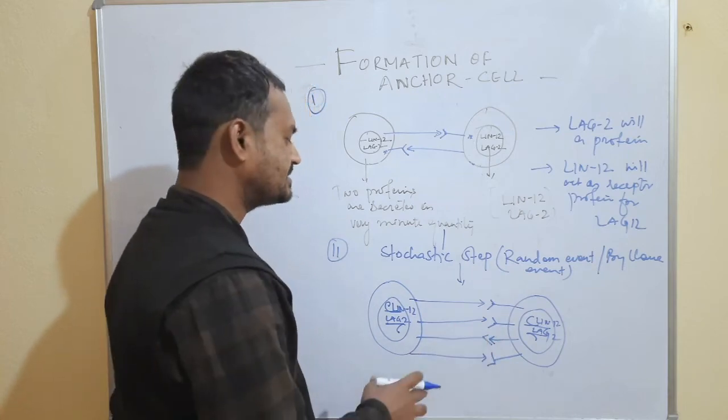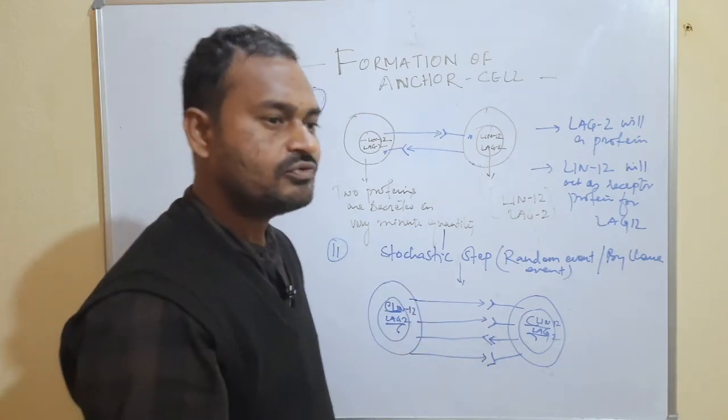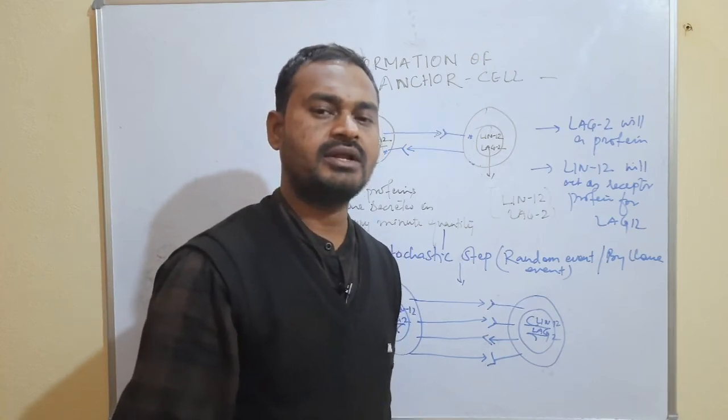This is a stochastic event. Which cell will produce more is unpredictable, completely unpredictable.